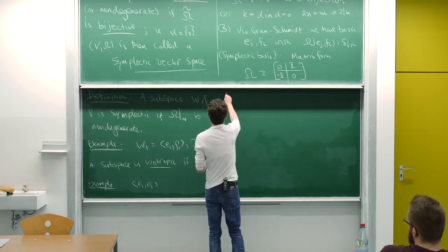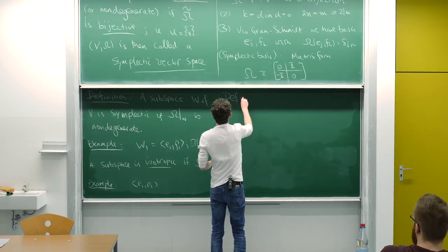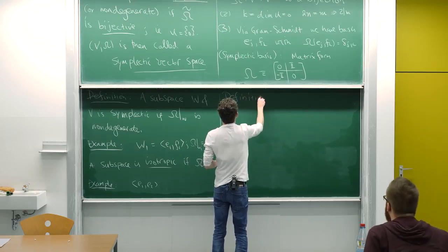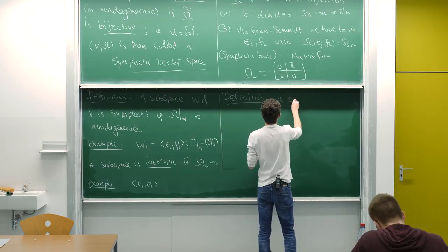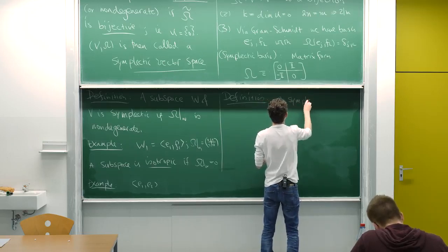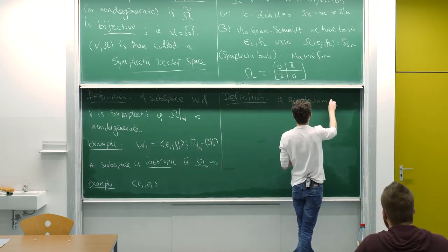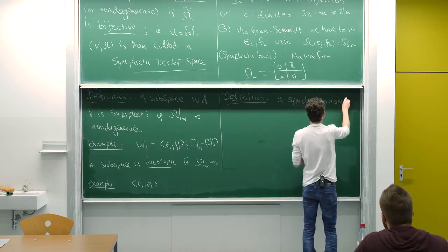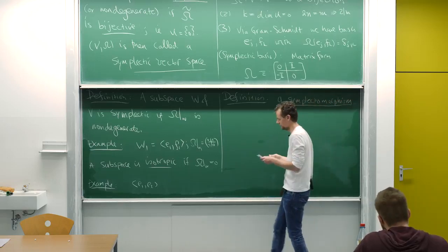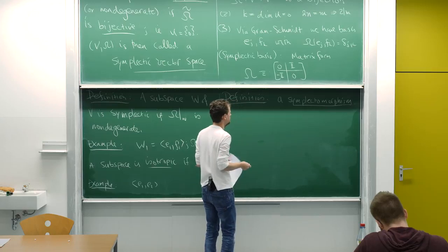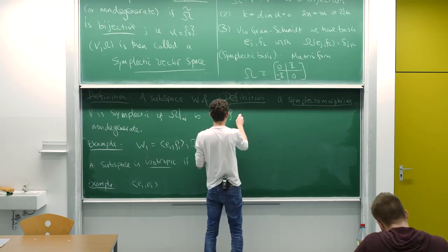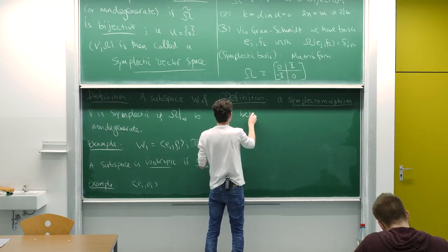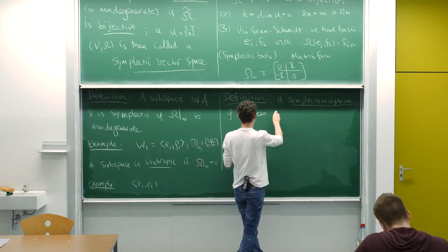So that's why we better settle on what morphisms we're going to allow. They're going to be called symplectomorphisms. Well, a bit of a mouthful, but that's what they're called.